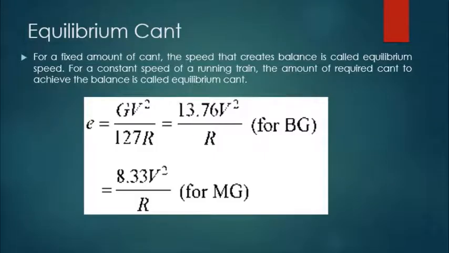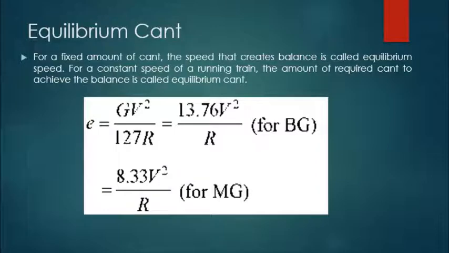And next we have to discuss another important topic called equilibrium cant. What is an equilibrium cant? What do you mean by an equilibrium cant? For a fixed amount of cant, the speed that creates balance is called equilibrium speed. For a constant speed of a running train, the amount of required super elevation to achieve the balance is called equilibrium cant.